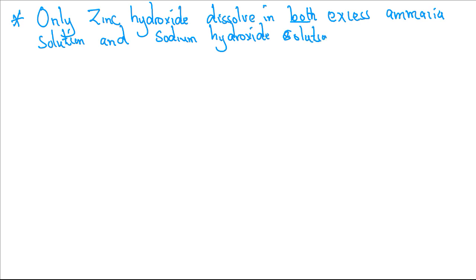Very important. That is why when you do ammonia with zinc ion, a few drops form a white precipitate, then excess gives a colorless solution. And the same story happens when we now use a sodium hydroxide solution.